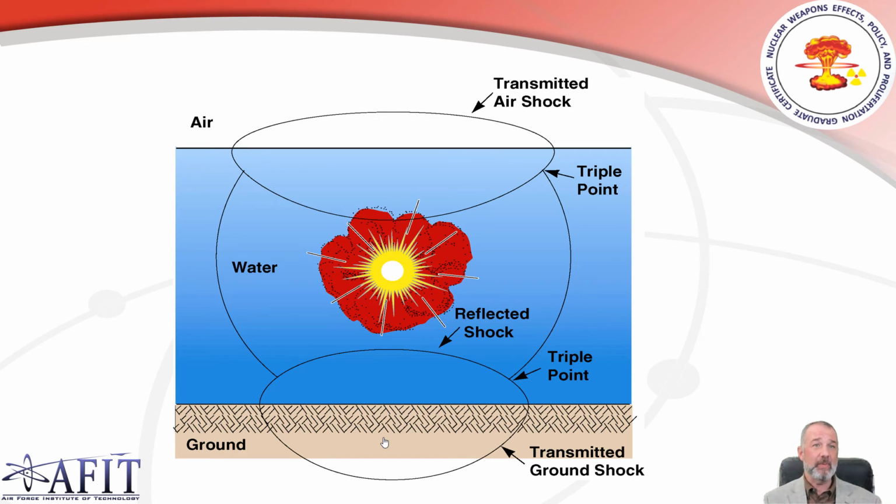And then, as I mentioned just a second ago, when it interacts with the ground underneath the water, it's not going to produce a tension wave, but it's going to produce a reflected pressure wave, very much like we saw with an atmospheric detonation close to the ground. So we have our triple points. We don't really get a Mach stem underwater. And we can see our transmitted air shock and our transmitted ground shock. And just like with an underground burst, that transmitted air shock interacting with the surface of the water is also called air slap.